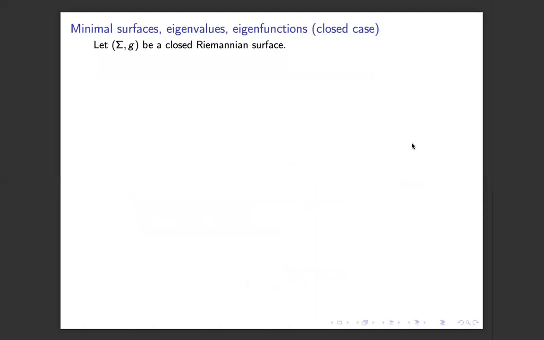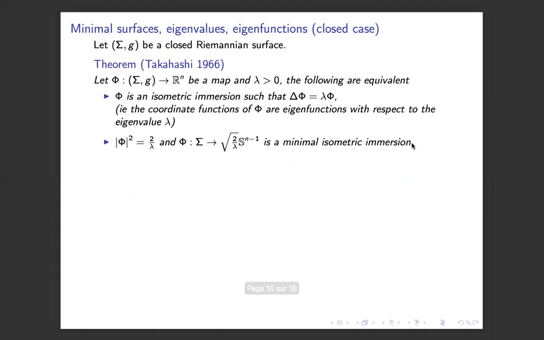So let me give the link between minimal immersions and eigenvalues of the Laplace operator. There is this classical theorem by Takahashi, which tells you that if you take a map which is an isometric immersion and satisfies the eigenfunction equation, so eigenfunction with respect to some eigenvalue lambda, then we must have that this map goes into a sphere and that it is a minimal isometric immersion.